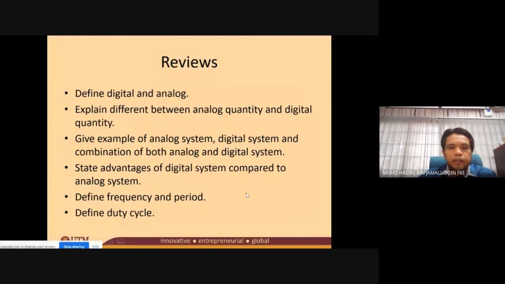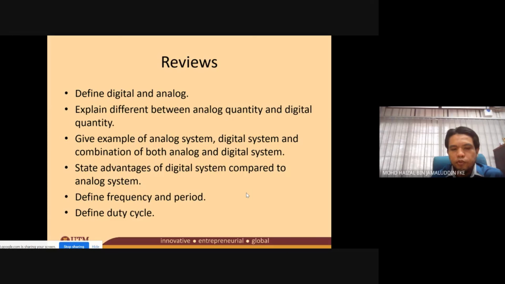For the first part, the introduction, in this first module you have learned what is digital and what is analog, along with some examples that you put in the Google form yesterday. You should be able to differentiate between analog and digital, give examples of analog and digital systems, and state the advantages of a digital system compared to an analog system.